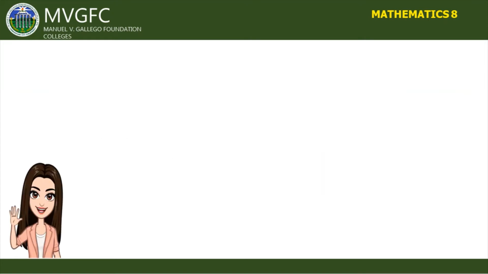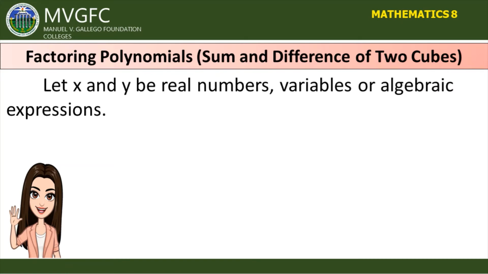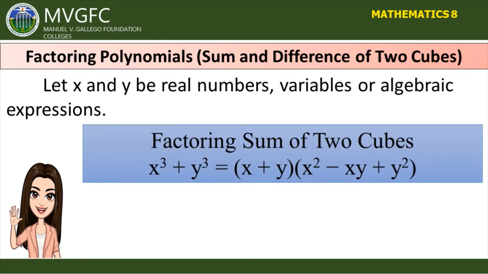For factoring polynomials using the sum and difference of two cubes, always remember that we let x and y be real numbers, variables, or algebraic expressions. Let us first discuss the factoring of the sum of two cubes.